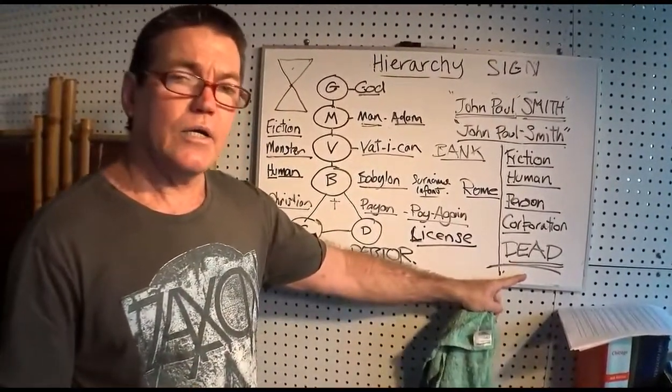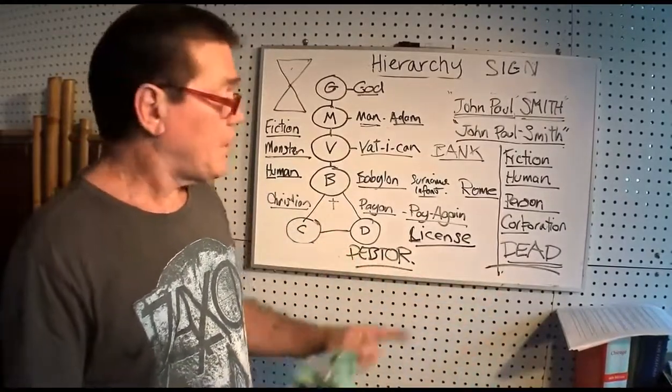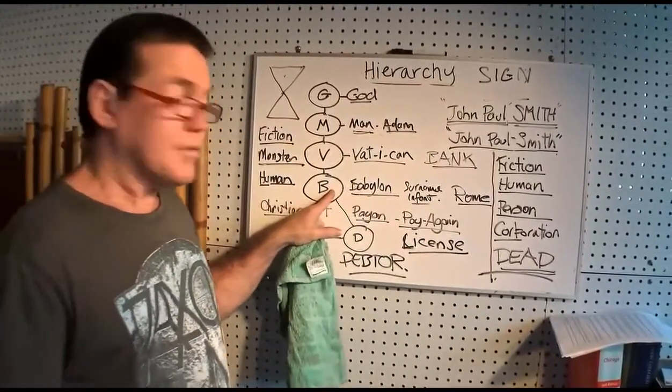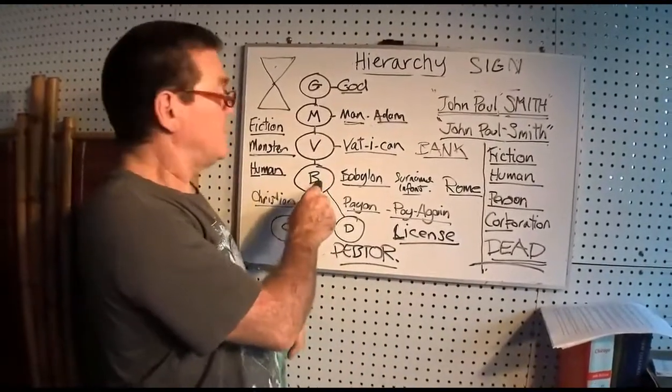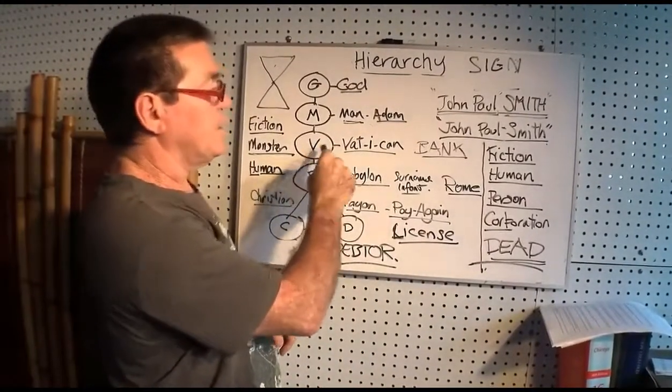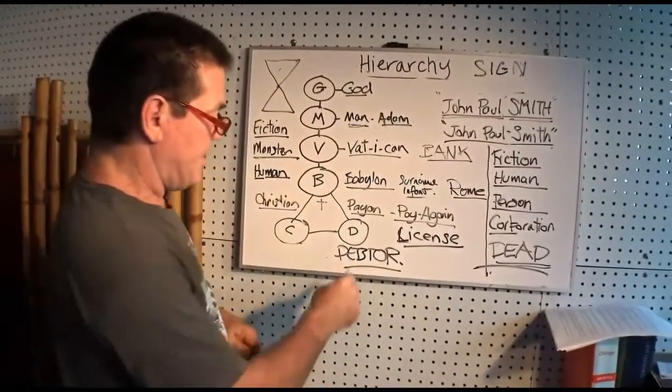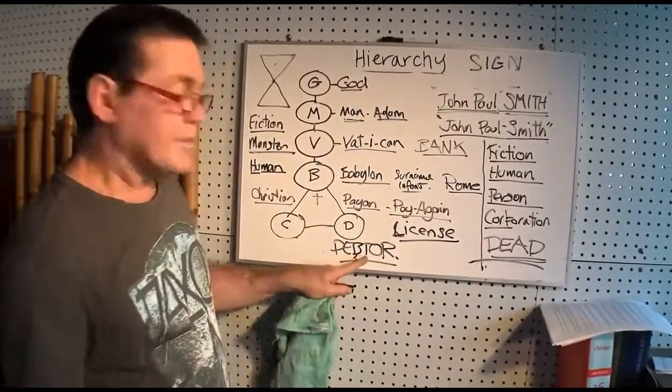Now remember that maxim. He who holds legal title cannot hold the equity without license. And the license to hold the equity is granted from Babylon, which is the Vatican, which is the bank.